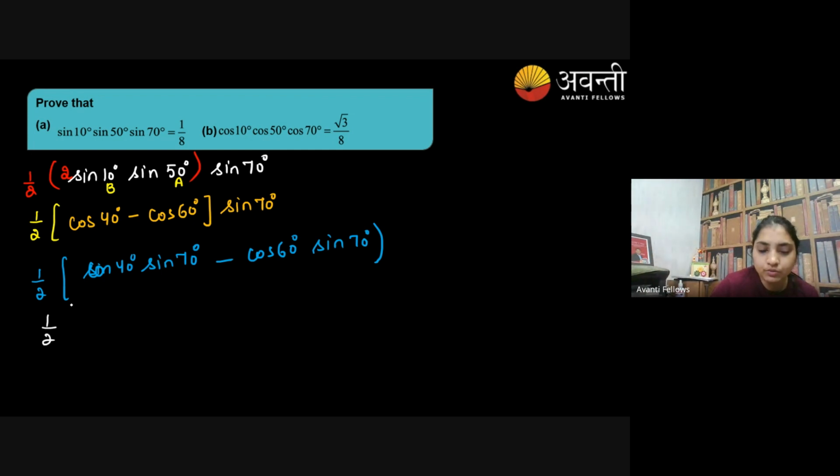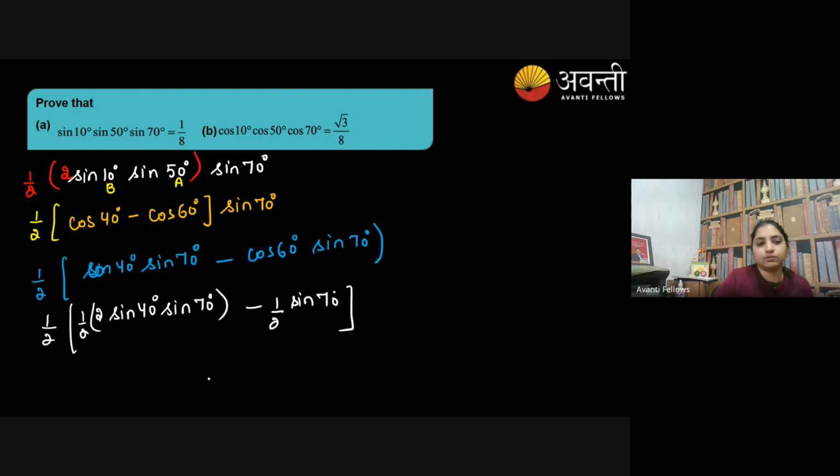So 1 upon 2, again 2 multiply 2 divided. So it will be sine 40 degree, sine 70 degree, right? Cos 60 is 1 upon 2 into sine 70. Any doubt till there? Then let me know. 1 upon 2, 1 upon 2. And this formula is again the same formula.